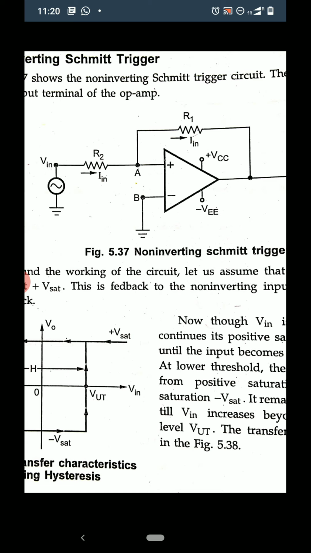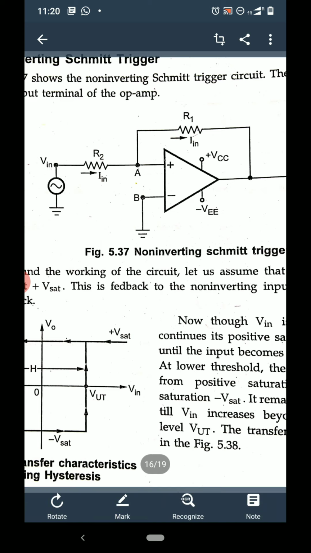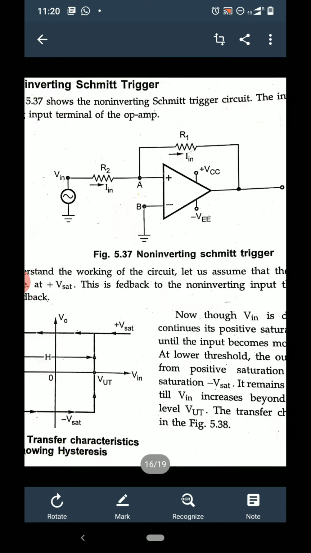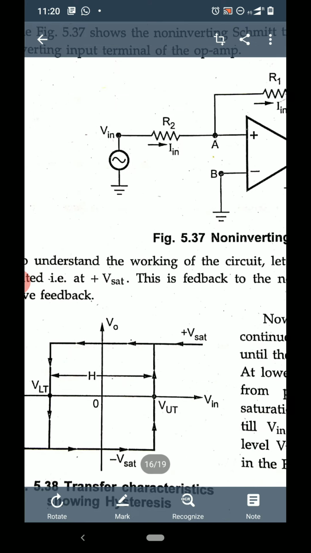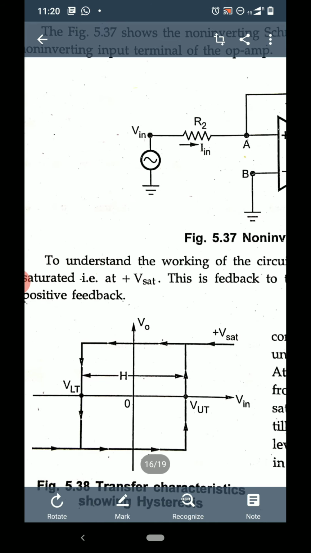Okay, now how it works: when V input is greater than plus V reference voltage, output will be plus V saturation. When V input is less than minus V reference voltage, output will be minus V saturation, which is opposite to the inverting type of op amp which we studied earlier. And according to that, the hysteresis band H will remain the same for both.